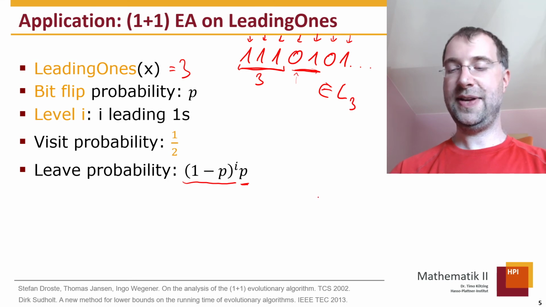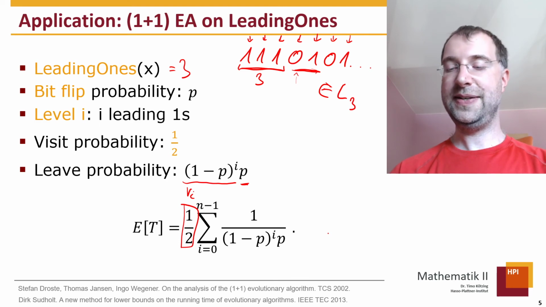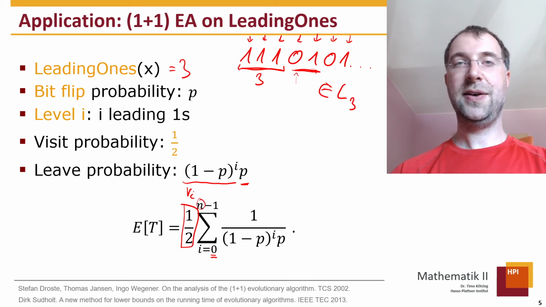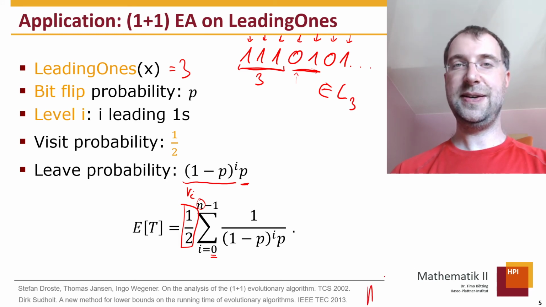Now we can just take it all together. So this is the visit probability, since they are all the same. I can take them in front of the sum, and the rest is just 1 over the leave probabilities. And since our levels start at 0, we go from 0, and since we have n as the level which contains the optimum, we go to n minus 1. And this is, of course, already known to be the expected time.